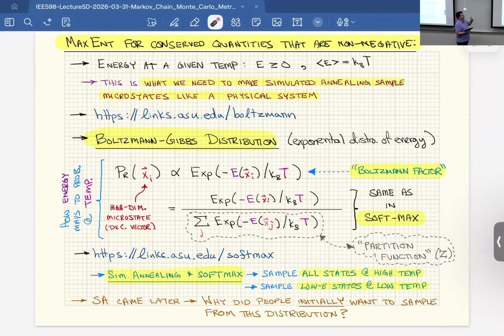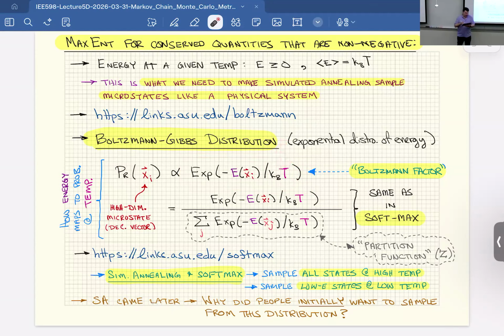And so for every discrete microstate, you can calculate an energy. And in the Boltzmann, lower energy is better. And so it's more likely for lower energy microstates than higher energy microstates. And so the probability of any microstate is proportional to the exponential of the negative of its energy divided by this scaling constant, this temperature here.